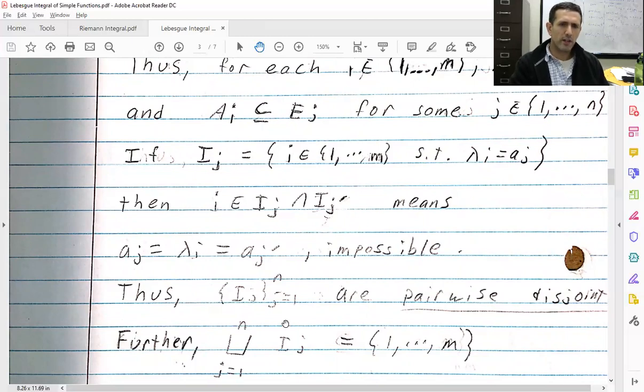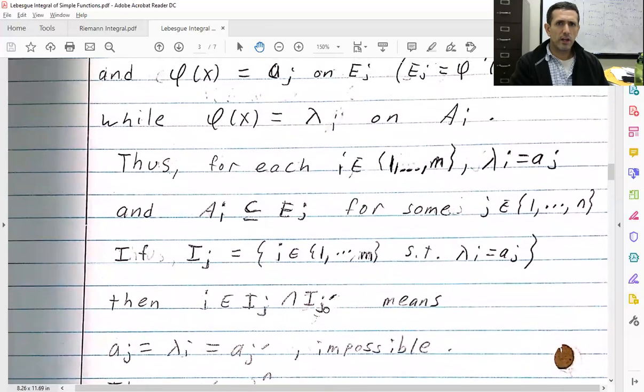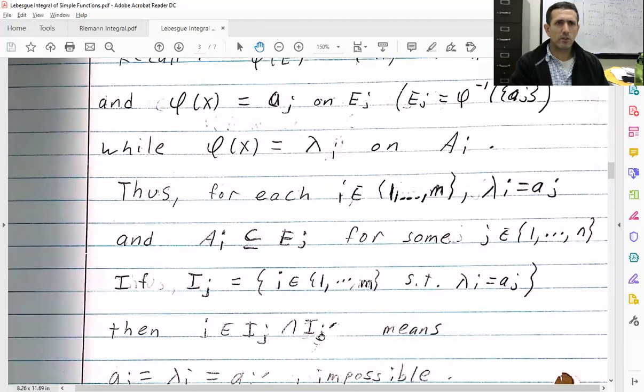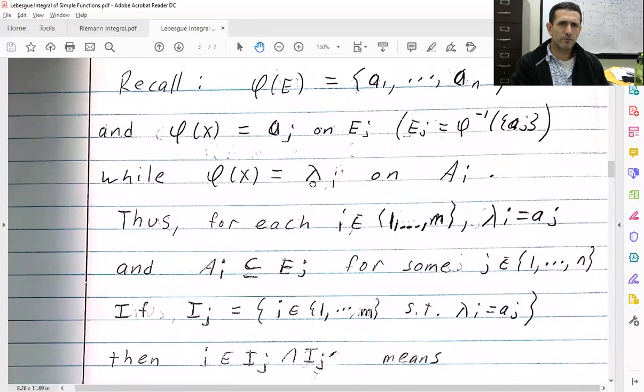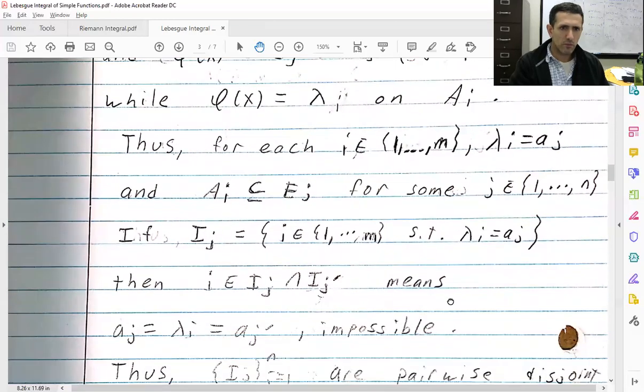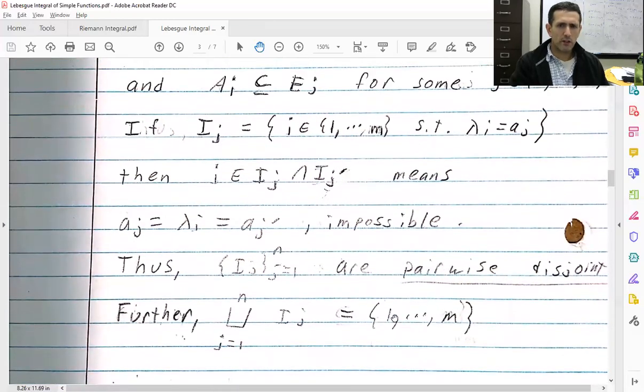On the other hand, 1 through m is a subset of this union, because if i is something from 1 through m, i is in big I_j for some j. That's exactly what we just had here. For each i, λ_i is one of the a_j's, so i is in big I_j. λ_i is a_j. So every i from 1 to m is in one of these big I_j's.